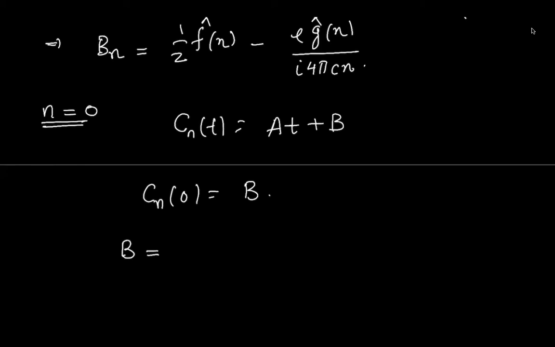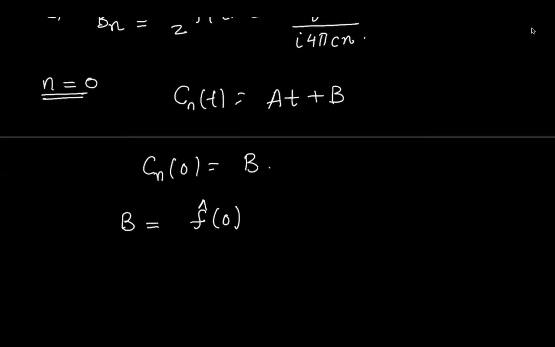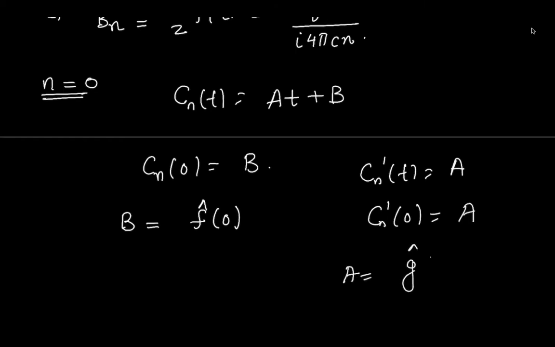B is basically c_0, and c_0 is f hat of 0. And if you calculate the derivative of c_n(t), you get just A, and therefore c_n prime at 0 is equal to A. Therefore, your A is g hat 0, because that is the zero Fourier coefficient.